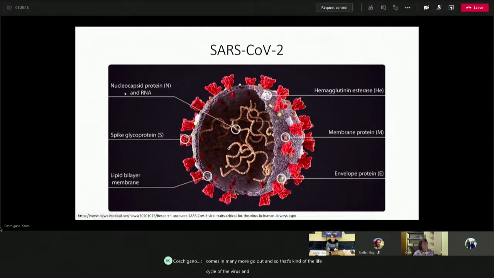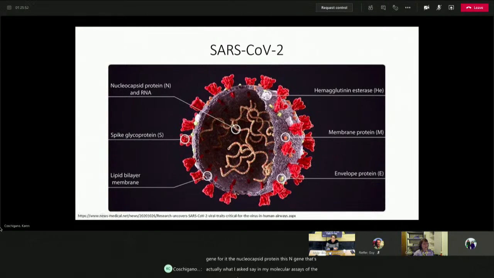And so the spike protein is important. We've got this membrane protein and envelope protein. We've got this lipid bilayer. That becomes important when I'll talk briefly about the vaccines at the end. And so that lipid bilayer is important. And then for my assay, this nucleocapsid protein gene, this N gene, that's actually what I assay in my molecular assays of the wastewater.